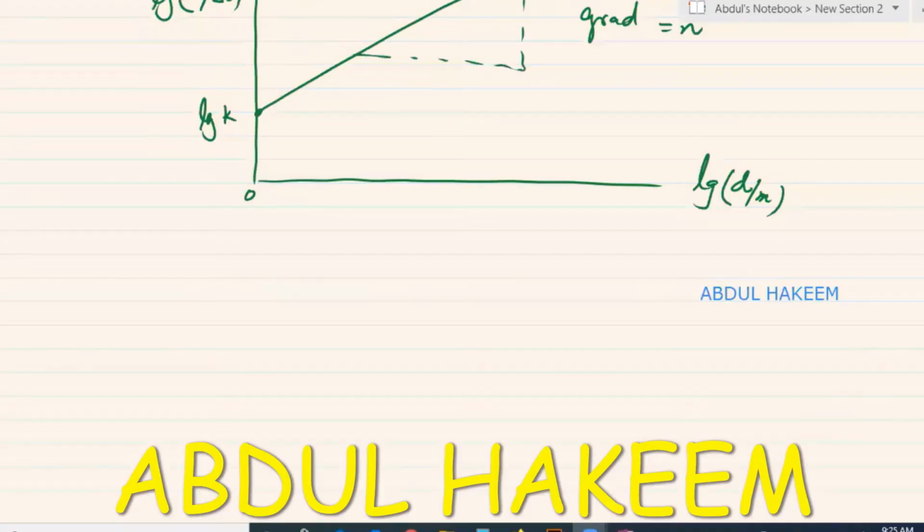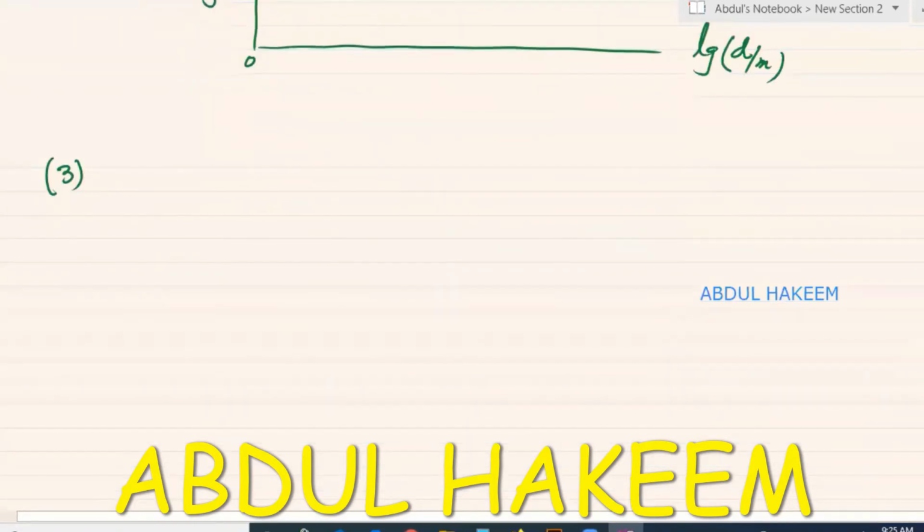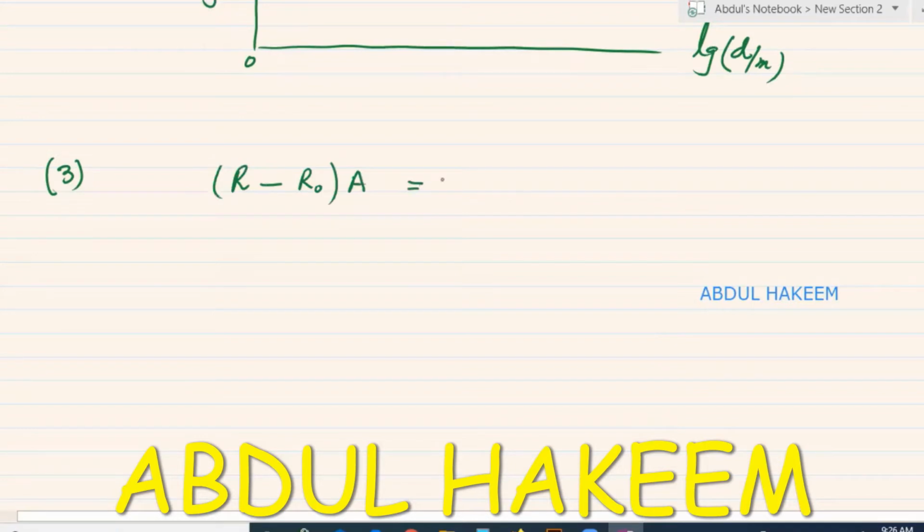Okay, now the next equation is just a complicated equation. For example, it is R minus R naught times area is equal to rho L. And we have to convert this into the linear form of the equation.